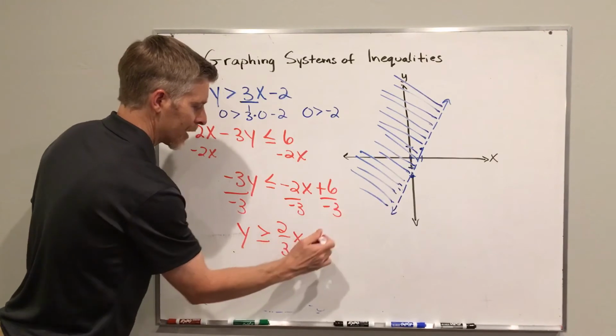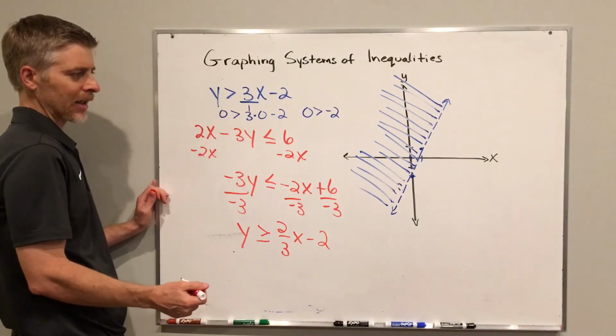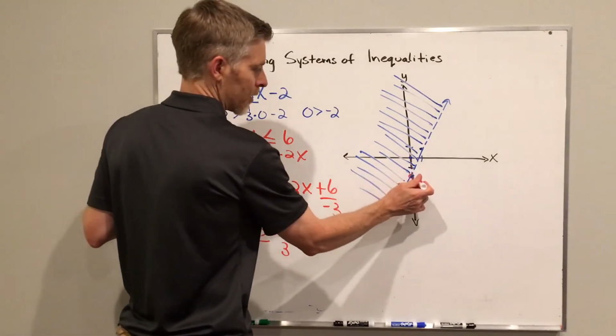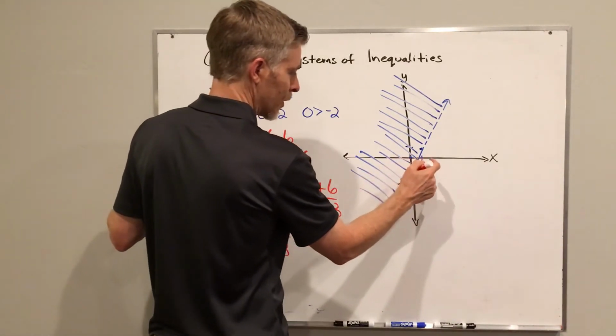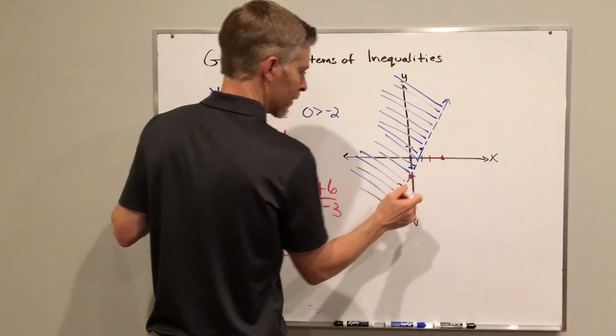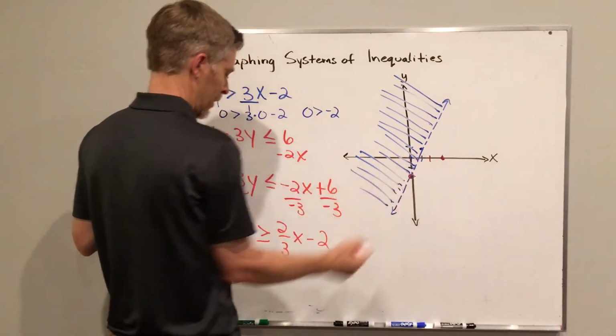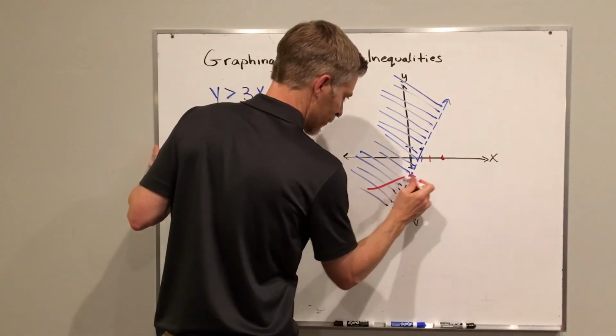Positive divided by a negative is a -2. Well, look at that. They have the same y-intercept, but the slope is different. This one's going to be up 2 over 3. Up 2 over 3. And I'm going to connect the dots.